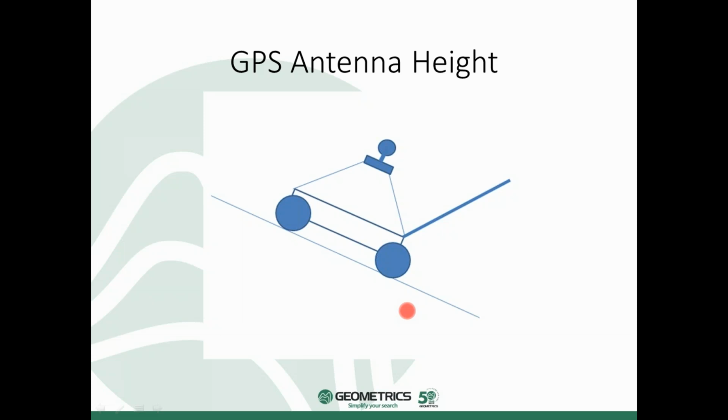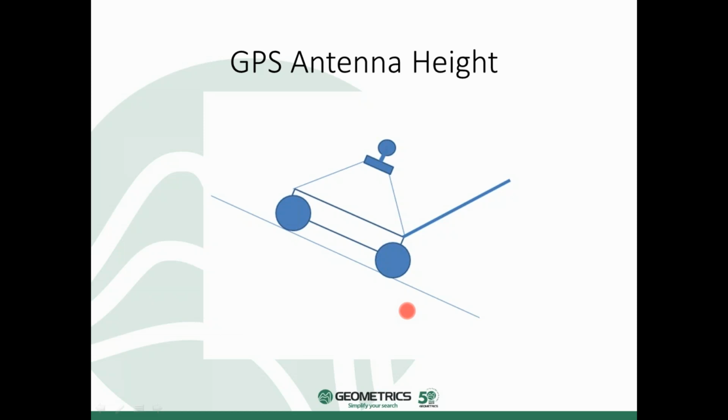And previously, at very high angles, some of the angles were misreported, but we've updated that calculation. So now, even if you are on a slope steeper than you could realistically push the cart, you'll still get correct angles reported. But in previous versions of the software, the GPS antenna height was fixed at 1.1 meters and was not editable by the user. But we've now updated that to be editable by the user.